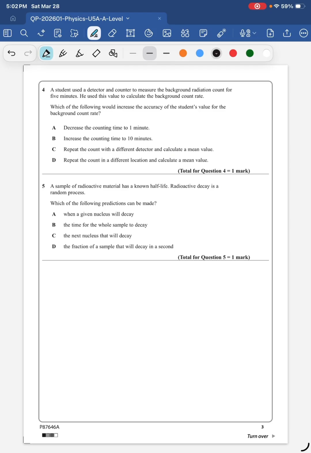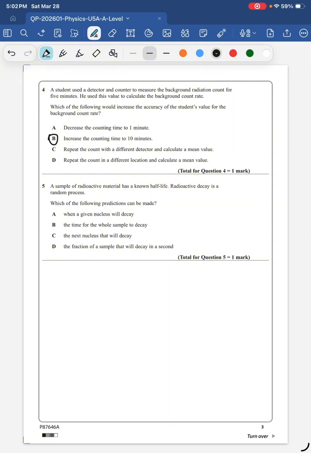B, increase the counting time to 10 minutes. Okay, this is promising. C, repeat the count with a different detector and calculate the mean value. That's not something you would do because the new detector will introduce new variables into this, so no. And then D, repeat the count in a different location and calculate the mean value. A different location will have a different background rate. So no, the answer is B.